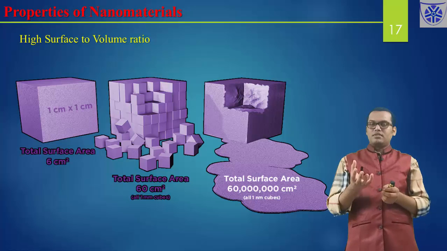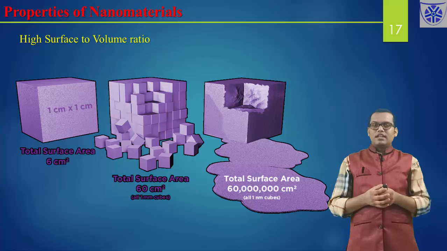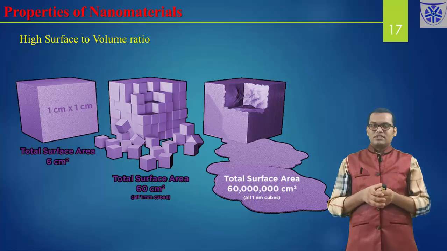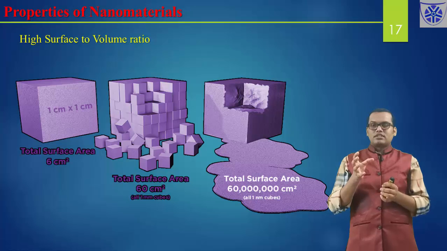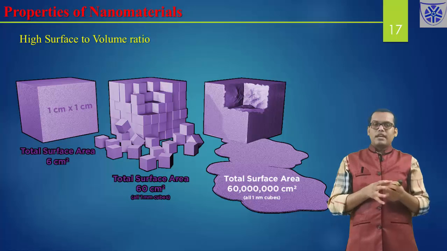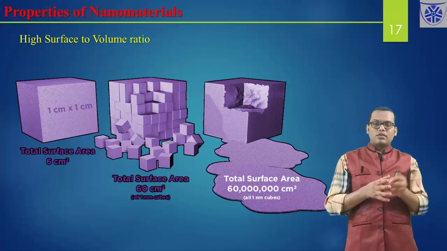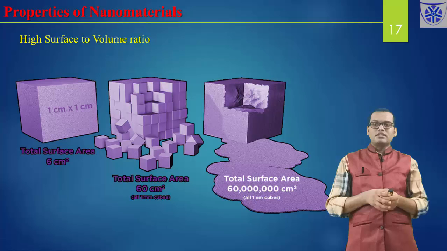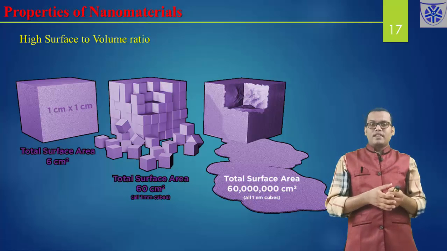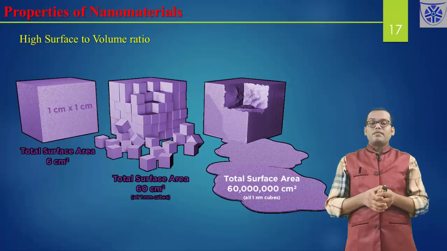Suppose you take a block of the material, one cube, then divide that cube into 10 smaller cubes. Suppose the big cube has a surface area of 6 centimeter square. Now if you make it into small particles, your surface area will increase to something like 60 centimeter square. Then again you grind it and make it into nano, and your surface area will increase enormously. Why is it happening?